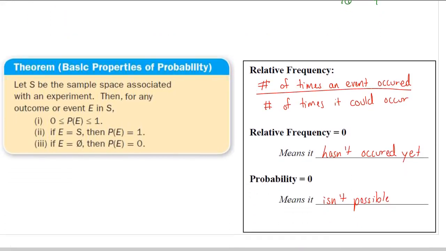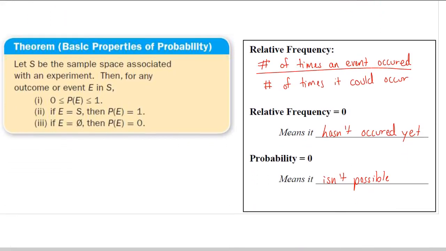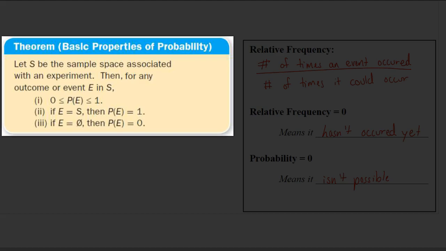Now let's understand some terminologies here and some basic properties of probabilities. So let's start there in that box. So all this is doing, again, is just giving us some properties of probabilities. This first piece is just saying that the probability of an event is always going to be between 0 and 1.